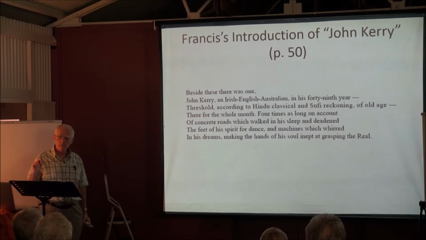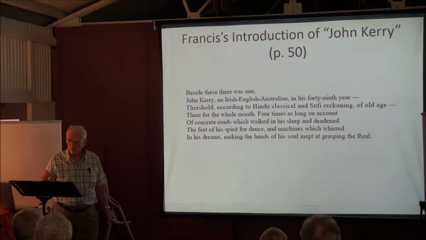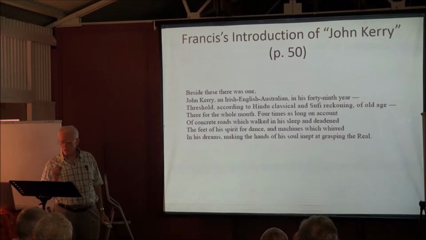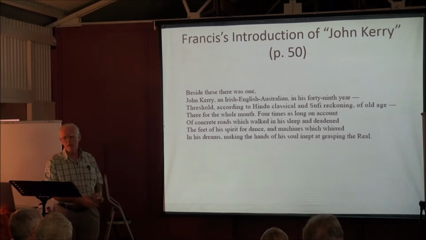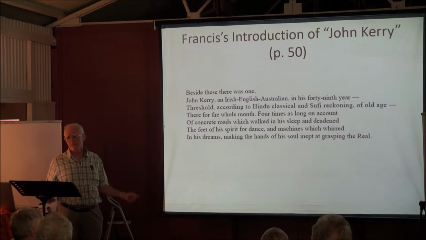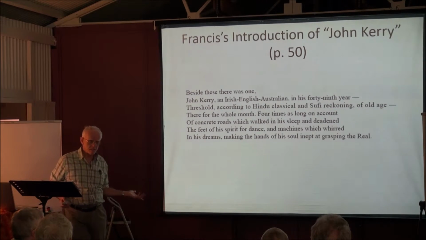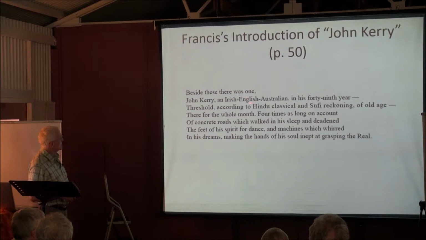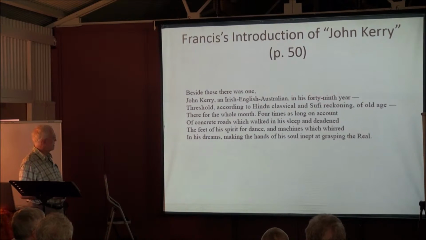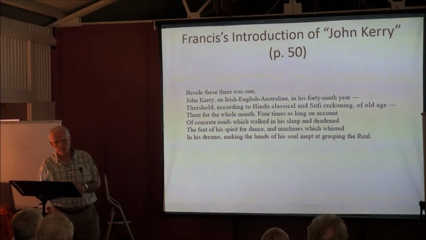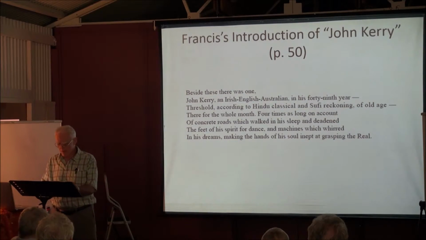This is actually setting up book 2, which is the love song of John Carey. So he introduces him as a character into the story. I mean, it's not designed to fool anyone, obviously it's him. An Irish, English, Australian in his 49th year, the threshold according to the Hindu classical and Sufi reckoning of old age, there for a whole month, and so forth. The next stanza goes on with that.